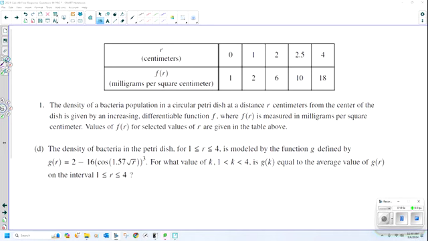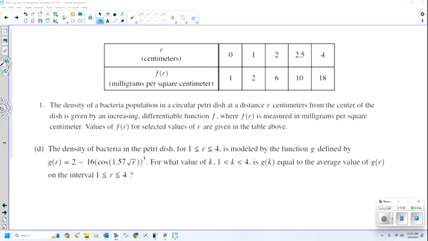All right, 1D. And you know what? If you know what you're doing, this is easy. So I guess the question is, do you know what you're doing? So 1B is really the only thing that I think could have possibly tripped you up. All right, so 1D states, the density of bacteria in the Petri dish for r centimeters, between 1 and 4 inclusive, is modeled by the function g, which is defined by g of r is 2 minus 16 cosine of 1.57 square root of r, all cubed.